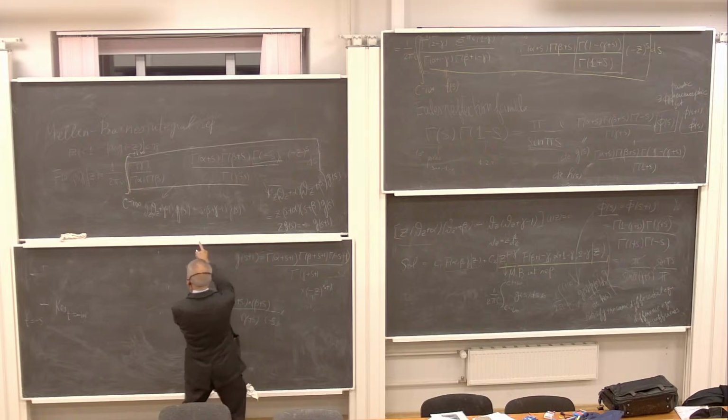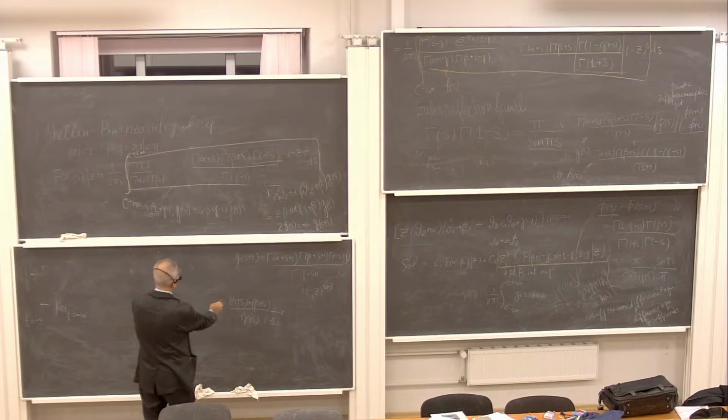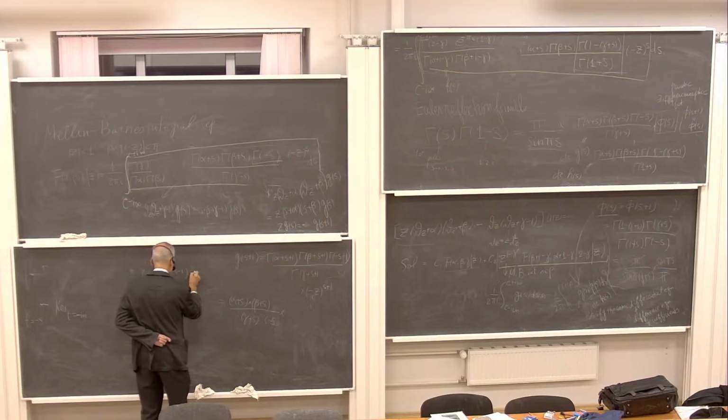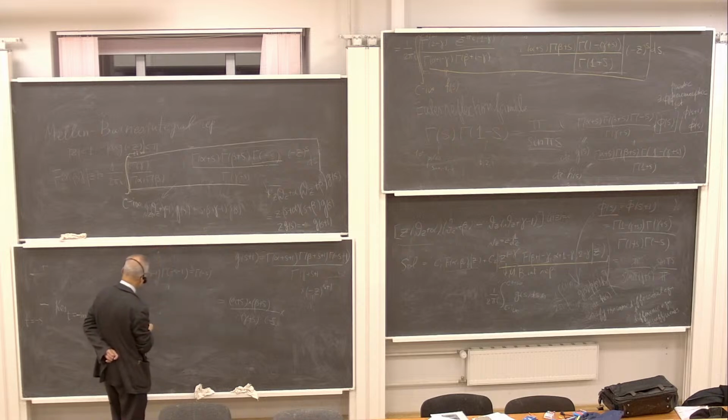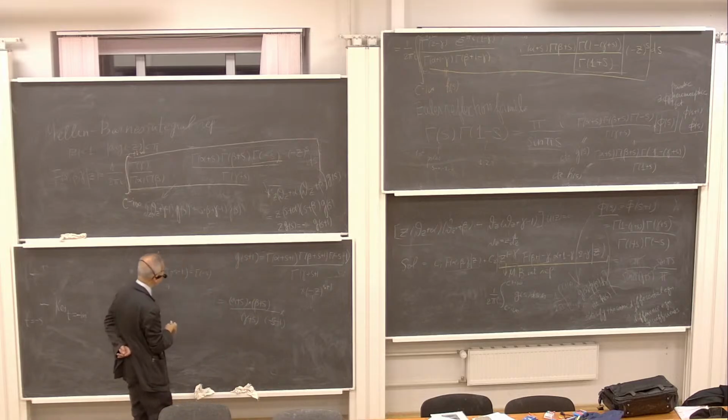So what is the ratio? How do I recover gamma minus s? Gamma of minus s minus 1 equals gamma minus s, isn't it? Okay, that's okay.